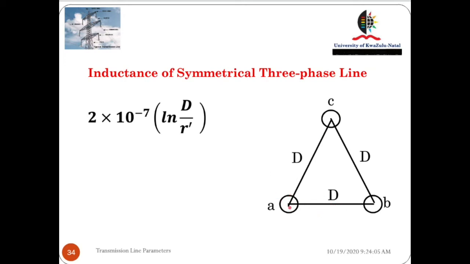The inductance of each of them will be 2 times 10 to the power minus 7 log D by R prime. It will be the same. The reason is that we have to consider the first one. What is its inductance?